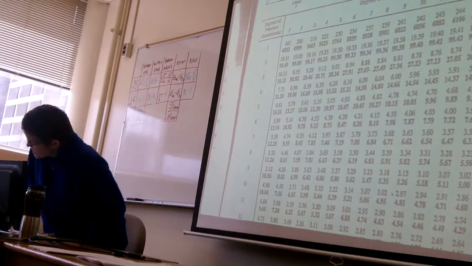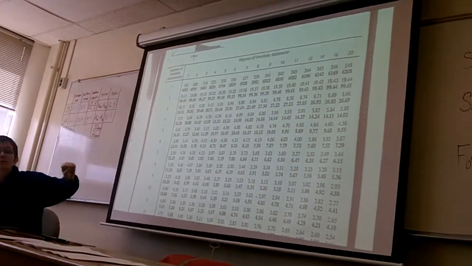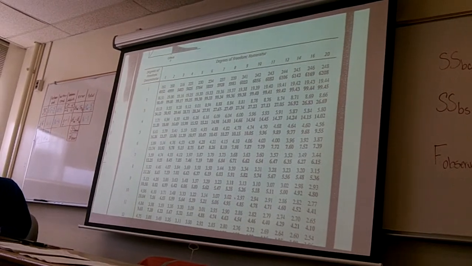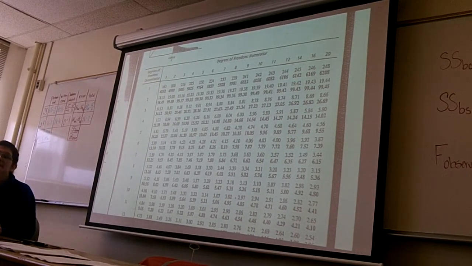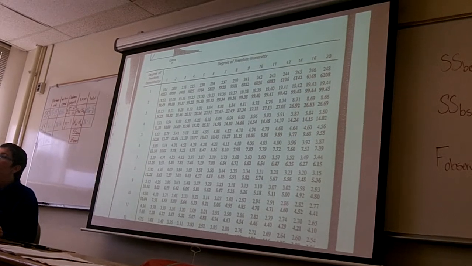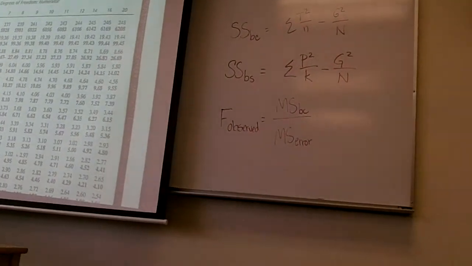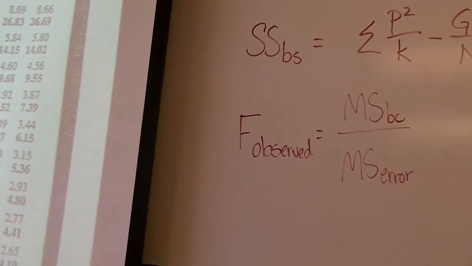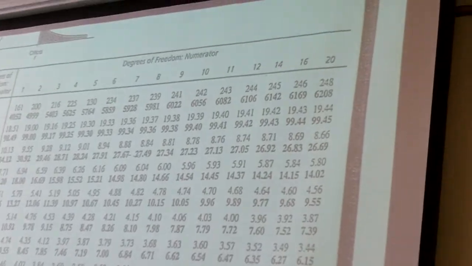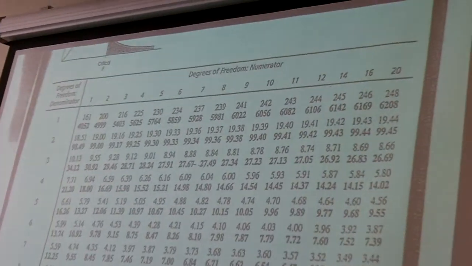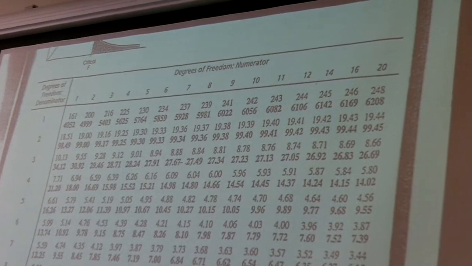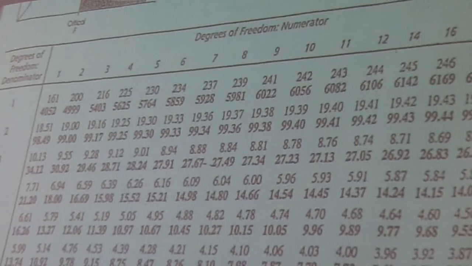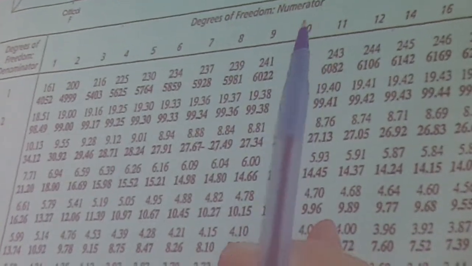Okay. So, if the numerator for F observed is mean square between conditions, and the denominator is mean square error, what's my degrees of freedom numerator? Is it 2? It's the degrees of freedom between conditions, because that's what's in the numerator of our F observed. When it says degrees of freedom numerator, what numerator is it talking about?